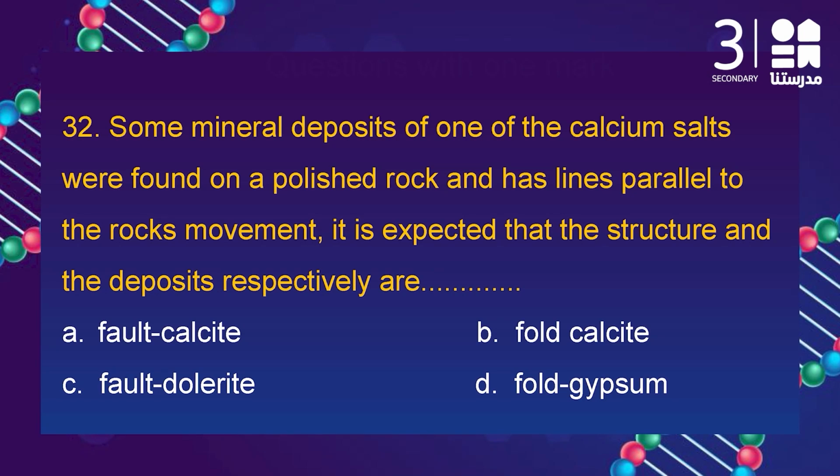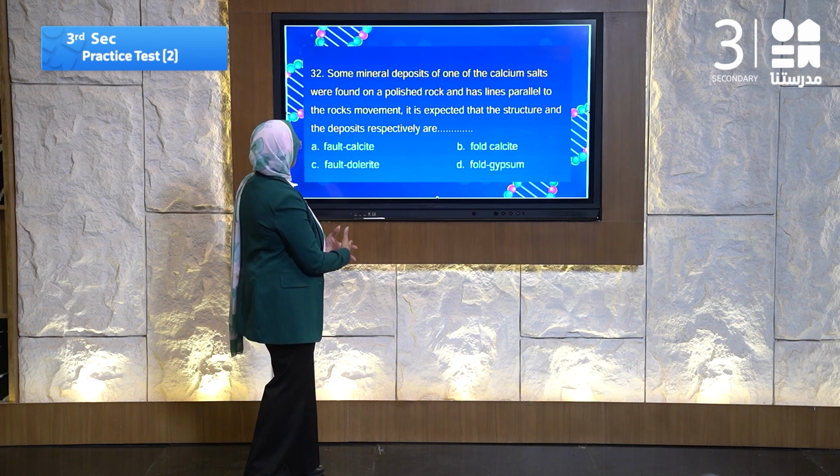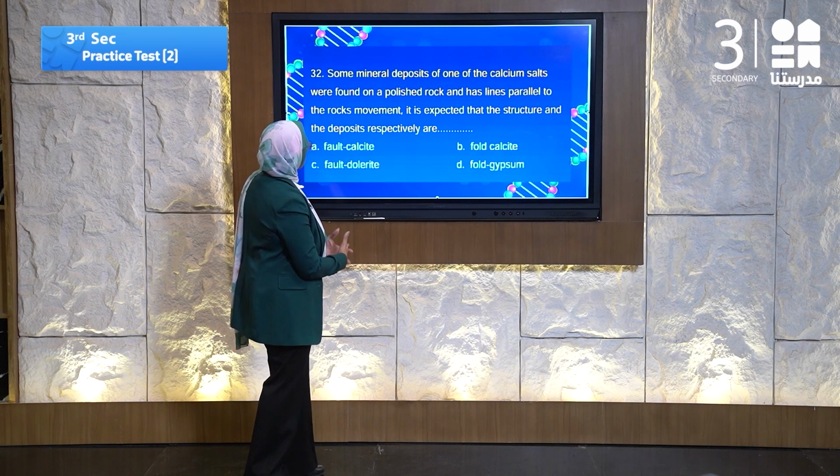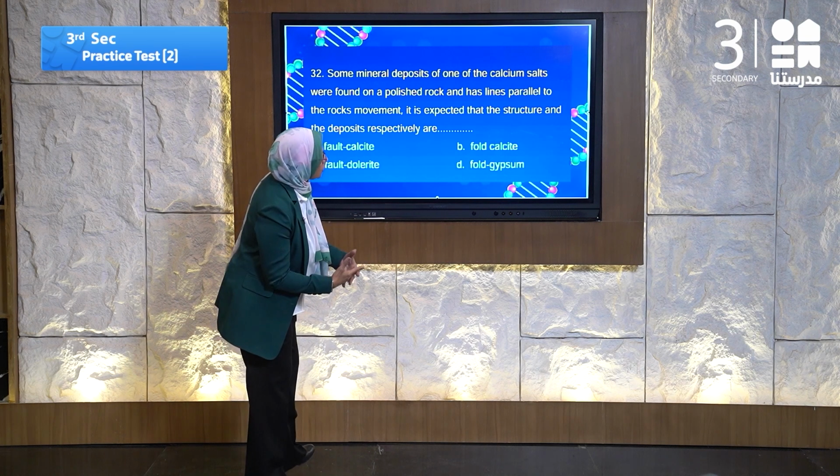32, some mineral deposit of one of the calcium salts was found on the polished rocks and has lines parallel to the rocks' movement. It is expected that the structure and the deposit respectively are, let's go, respectively means structure and expected deposit, movement and structure respectively.